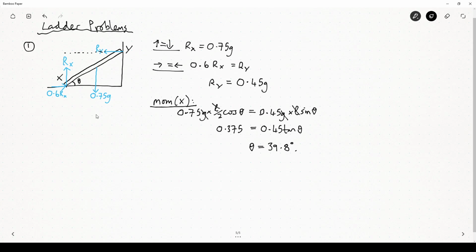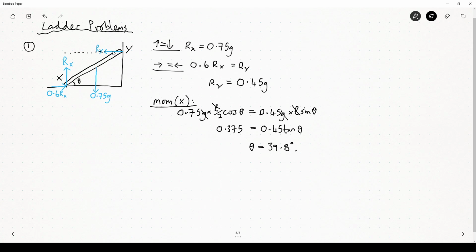Now, the reason why this is the smallest possible angle is maybe not immediately clear, but allow me to explain why. What we've done here when we've set the right force equal to the left force is we've said that the friction force is actually equal to the reaction at y.